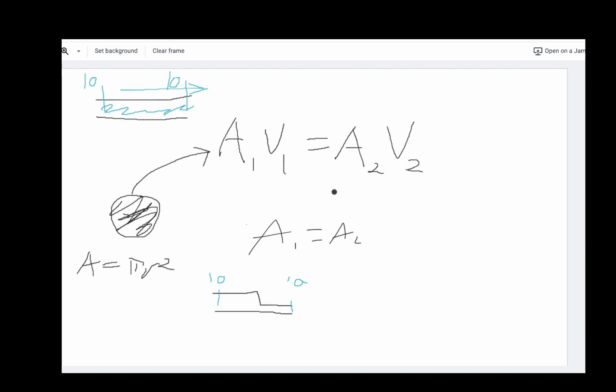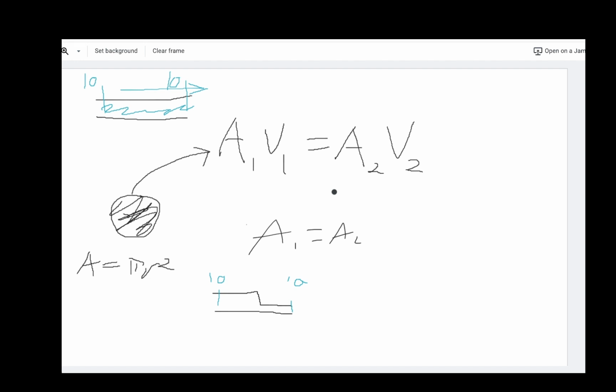But since the area is smaller, it means that more molecules of water need to go through here at the same time, which is where velocity increases, because as area decreases, velocity needs to increase in order to keep the product of AV the same on both sides.